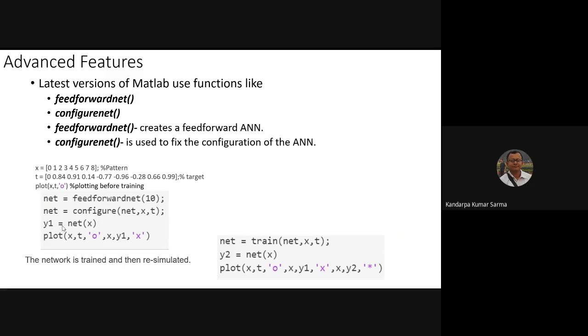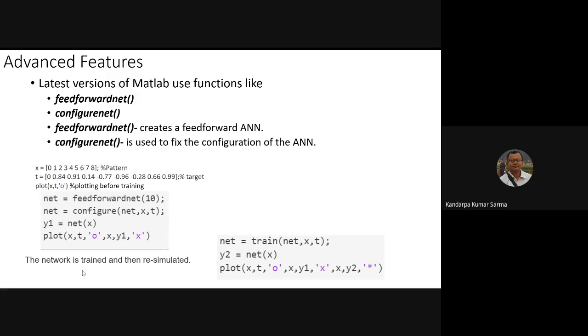So the response of the network will come to the y1 variable. We don't use the sim function here. Simply we can write net of x. So this net variable will take the pattern vector x and generate the response. This will be plotted before the training.